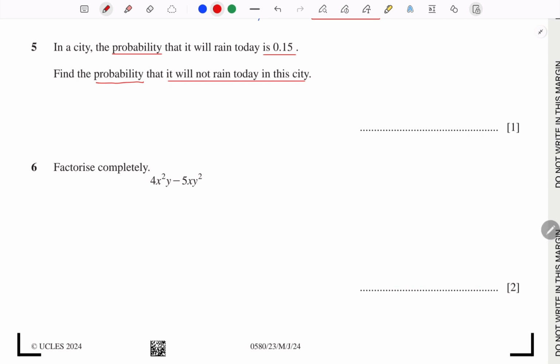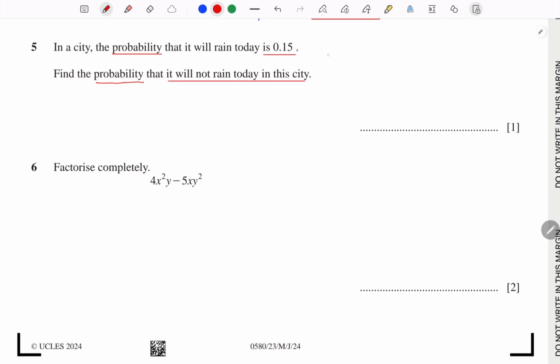So these two events, rain and not rain, are known as complementary events. If one event occurs, the other one will not occur. When we add the probabilities of these two complementary events, the sum will be equal to 1.